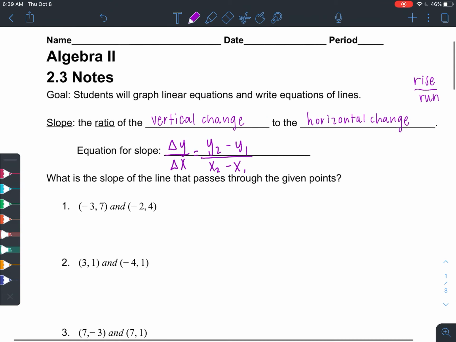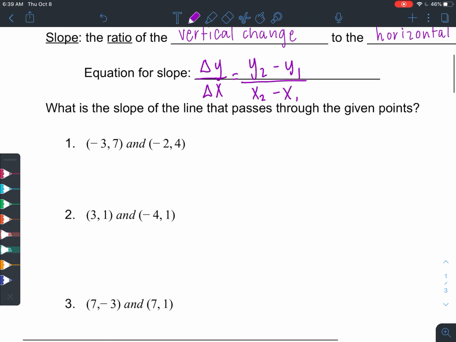So let's go ahead and look at this first example here. If I call this one x1, y1, and this one x2, y2, then I have to stick with which is which. So I'm going to go ahead and write down y2 minus y1 over x2 minus x1.